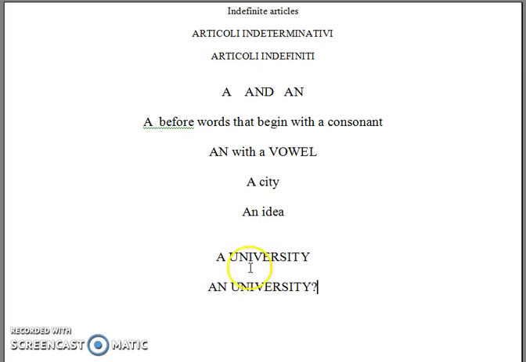The reason is that this letter in English appears to be a vowel, but when we pronounce it, in fact, it is a semi-vowel or a semi-consonant. The very first sound is y, and it is not a vowel. Therefore, the indefinite article that word requires will be a, because the first sound, although it appears to be a vowel u, in fact it is a consonant.